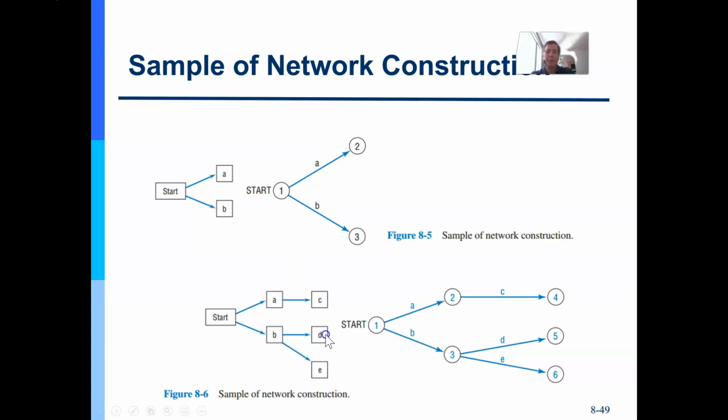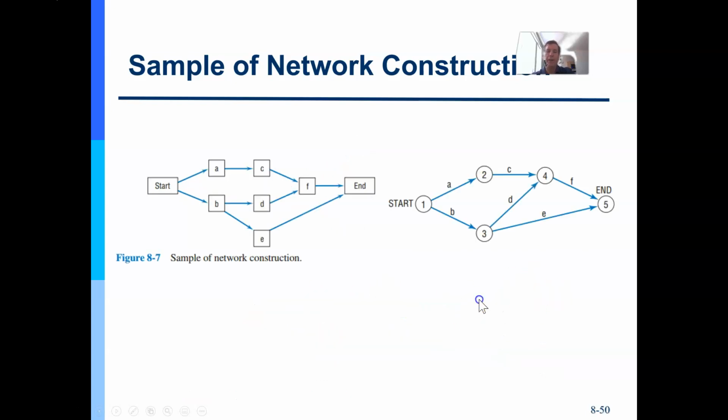B must happen before D and E can get done. Then when I add times to them, I can figure out how they work. And so I begin to construct these together in my activity on node or my critical path method. And you can see this is called a schedule network diagram. I now have a diagram of relationships between all these activities and their dependencies.